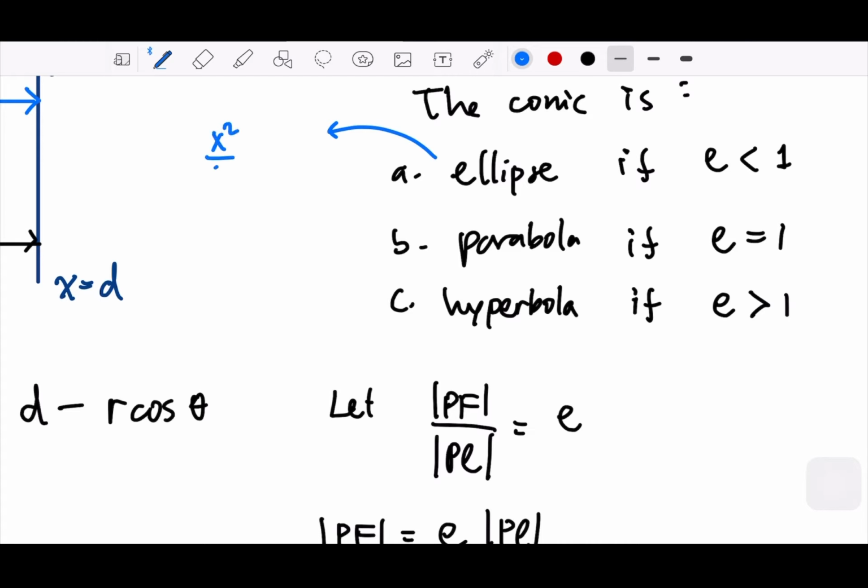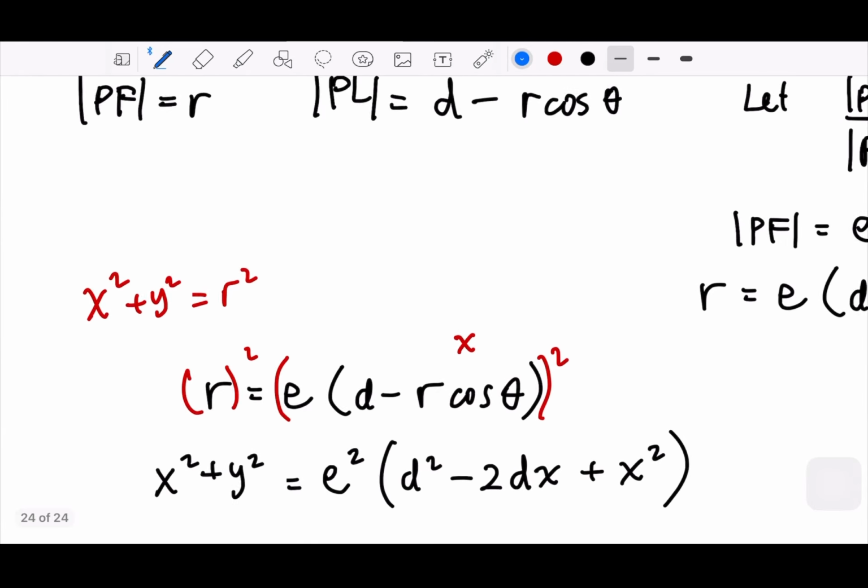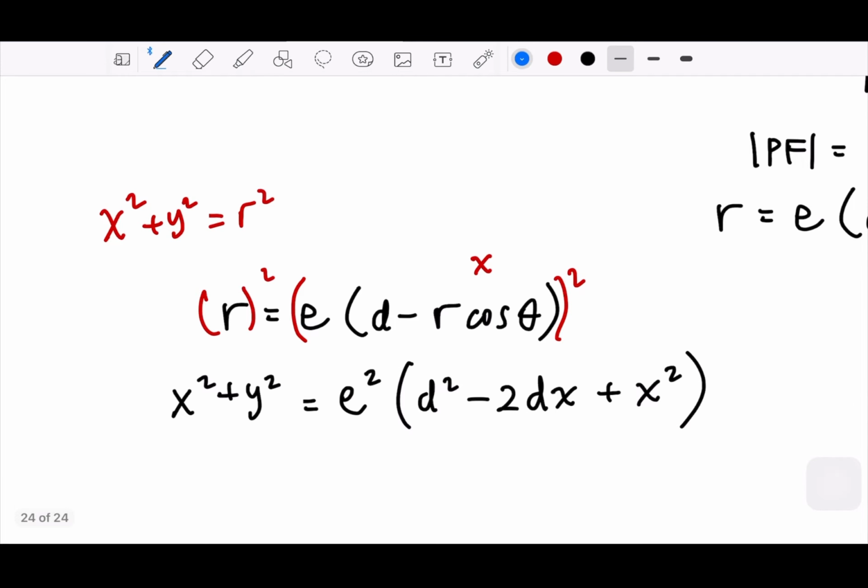So we need to take this into this form and the other as well. So that is our goal. From the polar, we are converting to Cartesian, and we need to take out the equations and then make out the ellipse, parabola, or hyperbola later on. Okay. So first, let's continue here.